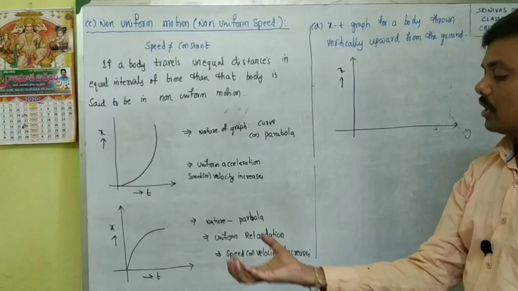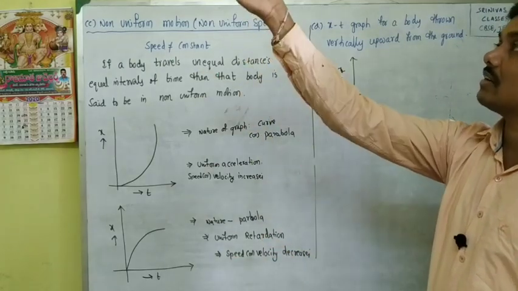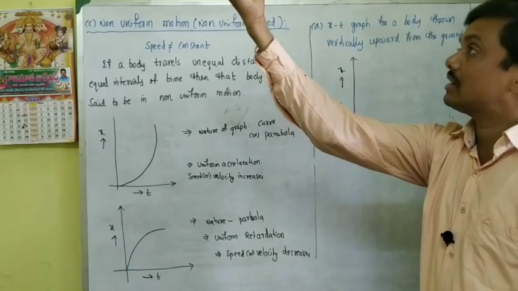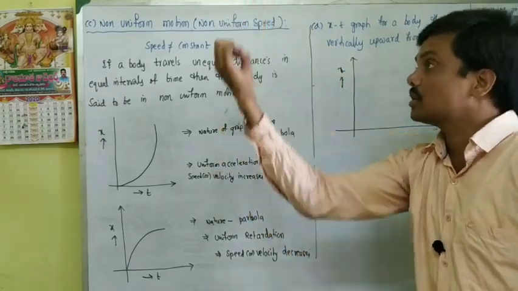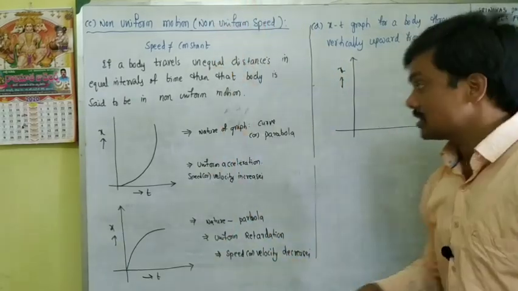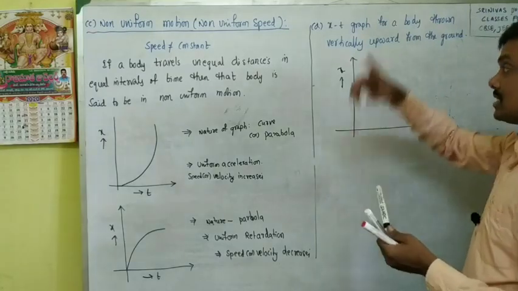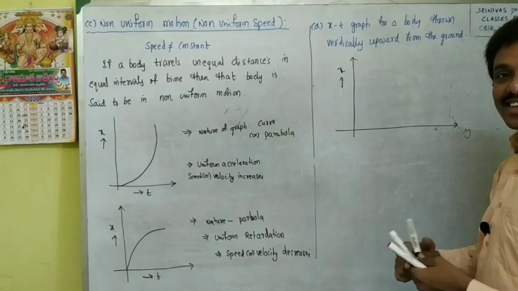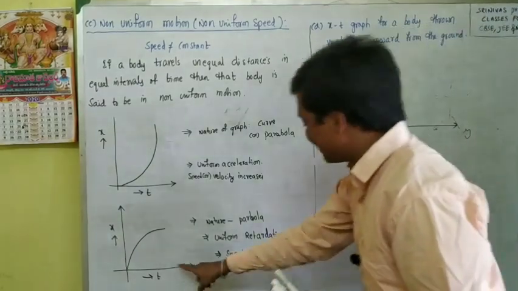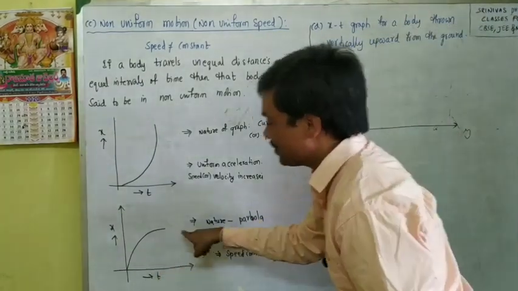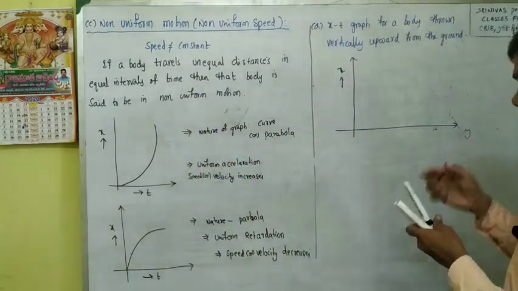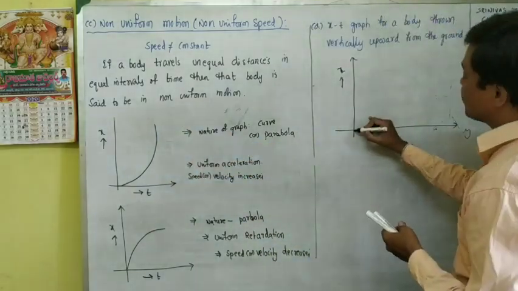When it reaches some point, its velocity becomes 0. But due to gravity, again it will come down. When it comes down, its speed increases. That means while going upward, velocity decreases; while going downward, velocity increases. Look at here. This is the velocity decreasing part, and this is the velocity increasing part. We will get the position time graph like this.